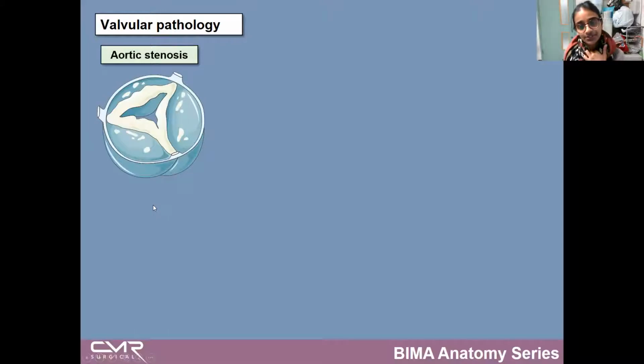Firstly, aortic stenosis. I'd say this is the most common valvular pathology you will see. And quite a few of our elderly patients have aortic stenosis murmurs that you can hear. So once you guys become an F1, this is actually quite a common presentation.